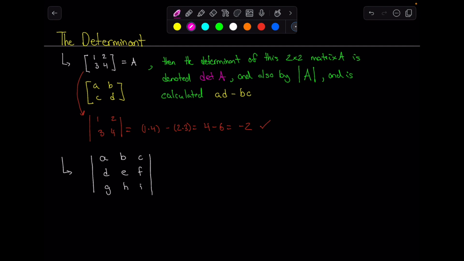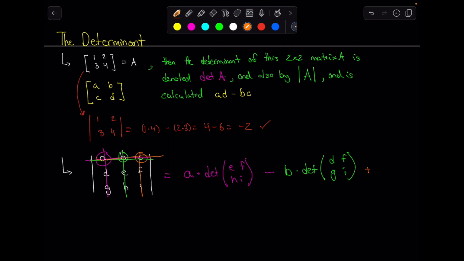In the past, the way that you've done this in Calculus 3 is you circle this first thing and then you cross out the first row and first column, and you say the answer is going to be A times the determinant of E, F, H, I, and then there's a subtract symbol here, and you do the same thing again for B. You go 1 over and say, okay, it's B times the determinant of D, F, G, I, and then for the last one, it's back to a plus, and you do C, and you cross these out, and what's left over here is that little box.